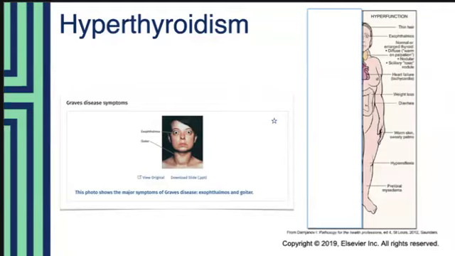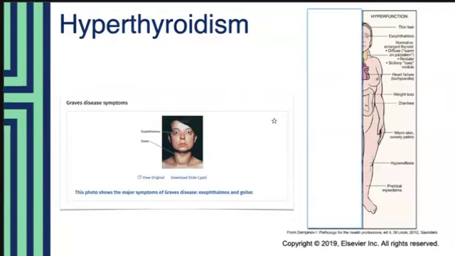Now, in Graves' disease, which is an autoimmune disorder, the body produces antibodies called thyroid-stimulating immunoglobulins, or TSIs. These bind to and overstimulate the TSH receptors on the thyroid gland. This leads to excessive production and secretion of thyroid hormone, the T3 and T4. That's what results in a state of hyperthyroidism or thyrotoxicosis.